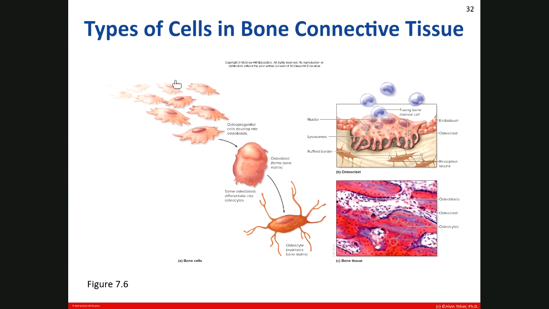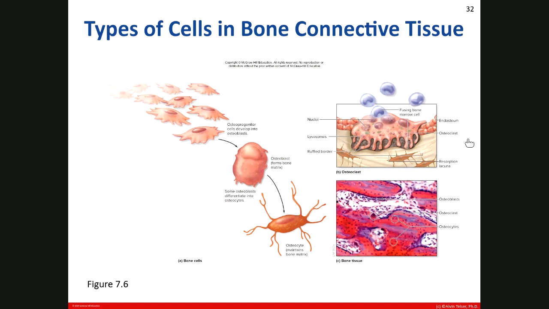This osteoprogenitor cell develops and matures to osteoblast. The osteoblasts are immature cells in the bone, and they can make matrix of the bone. Then they are trapped in the matrix and they become osteocyte. So they come from each other. First we have osteoprogenitor, then we have osteoblast, and osteoblast can make osteocyte.